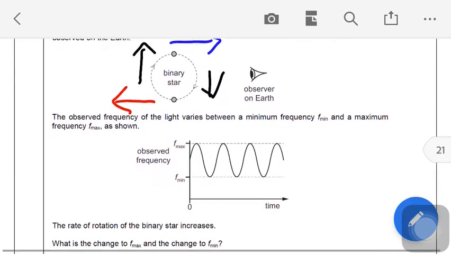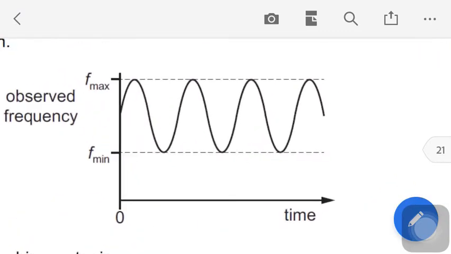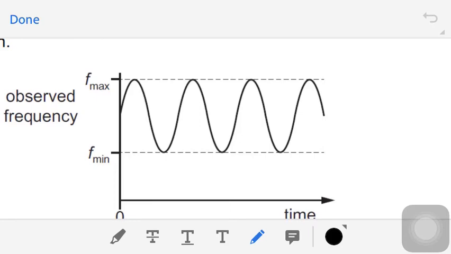So if you look at this question here, obviously the observed frequency changes between a maximum value and a minimum value, and they could have asked you what is the source frequency. That will be in the middle.